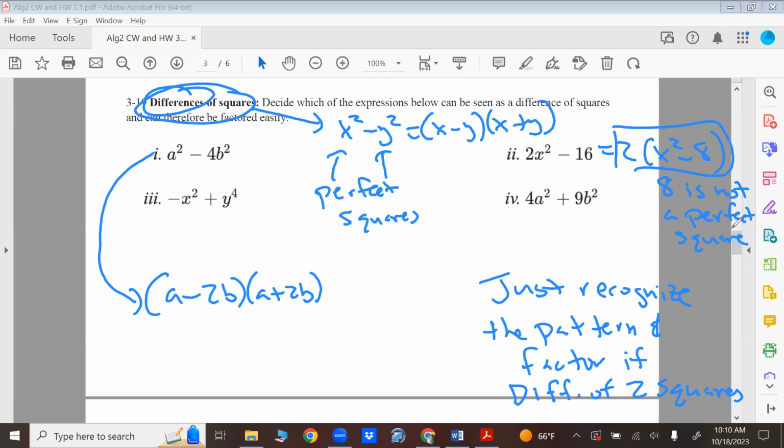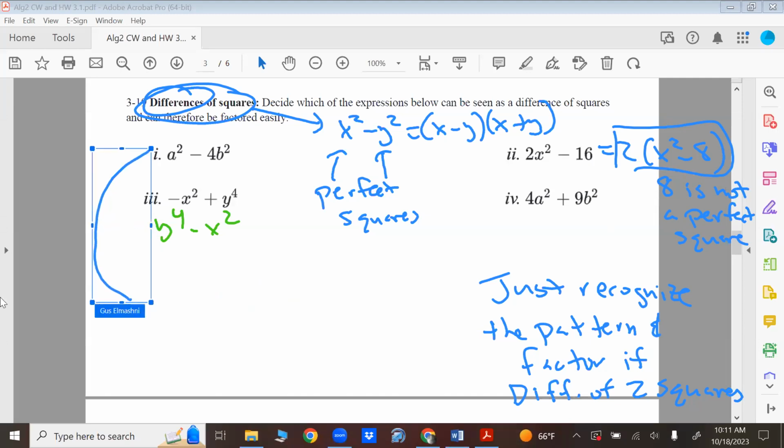Let's look at, let me switch colors. Let's look at 3. I'll rewrite like this. And let me erase that. Okay. Let's look at this one.